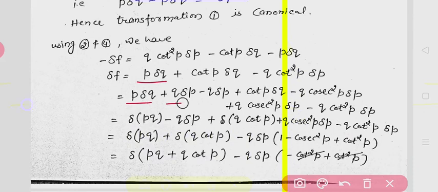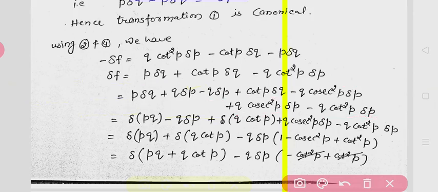Now I am adding and subtracting in this term, q delta p, add and subtract. Now I write down this term, cot p into the derivative of q is there. So I write down q into the derivative of cot p into delta p, I have written over there. Okay, so that means I add and subtract q cosecant square p delta p, subtracted and added, and the remaining term is as it is, right.